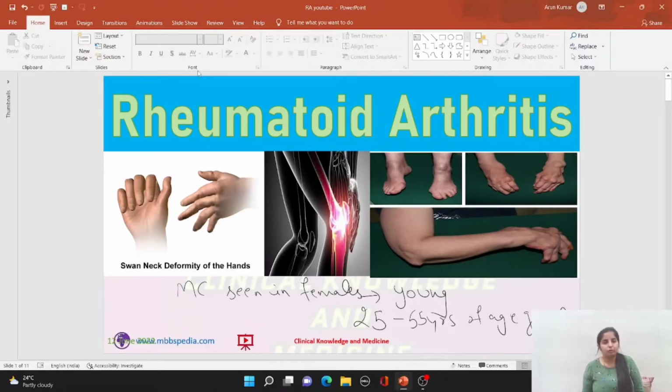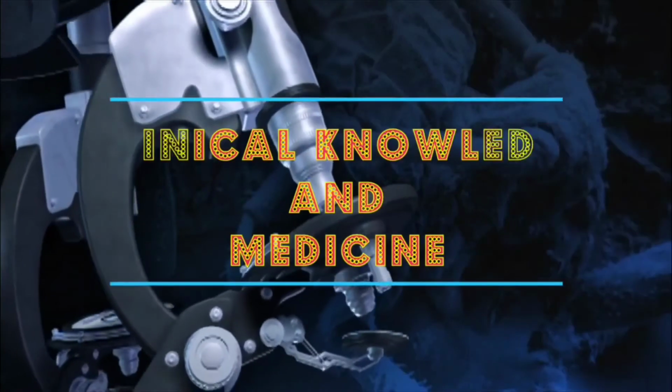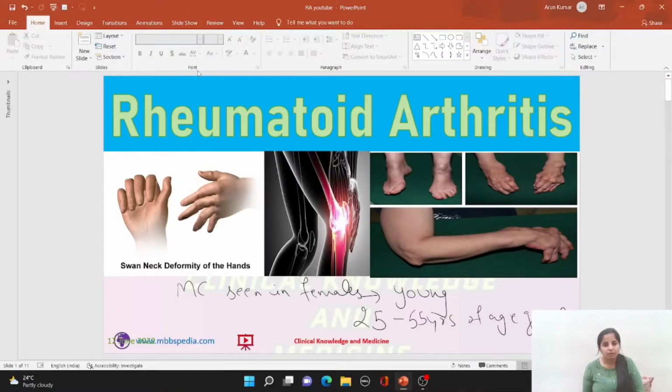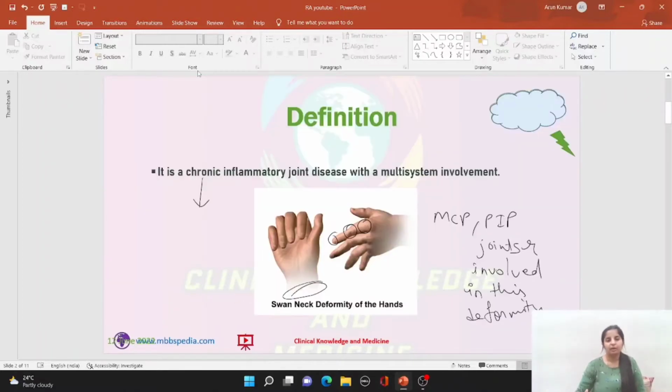So, today we will talk about rheumatoid arthritis. Now, this disorder is most commonly seen in females around 25 to 55 years of age group, and in this deformity, as you can see in this figure, there will be involvement of joints of wrist, hands and toes.